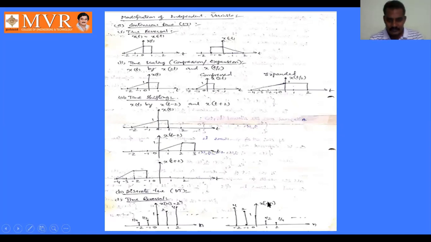Now we are calculating x of minus n, where the formula is 2 power minus n. Putting 0, x of minus 0 is 2 power 0, which is 1. For x of minus 1 we get 1 by 2. For x of minus 2 we get 2 power minus 2, that is 1 by 4.